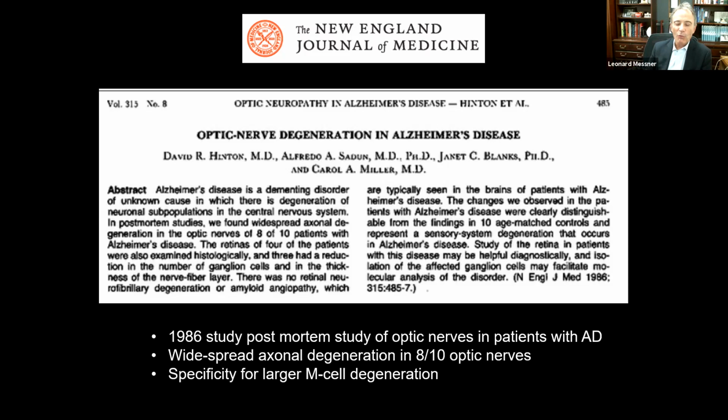They found an overwhelming majority of these individuals showing significant microscopic as well as macroscopic degenerative findings within the optic nerves of individuals with documented Alzheimer's disease. Of course, at that time there were no OCT instruments, so this was based purely on postmortem pathologic specimens.